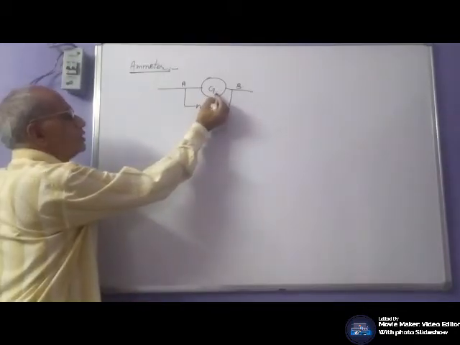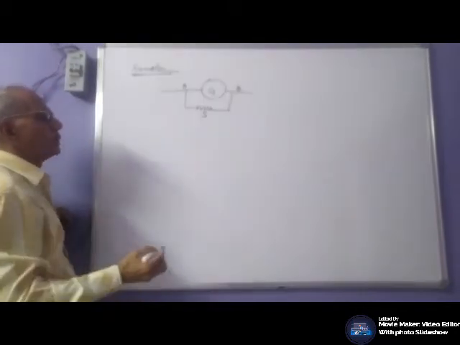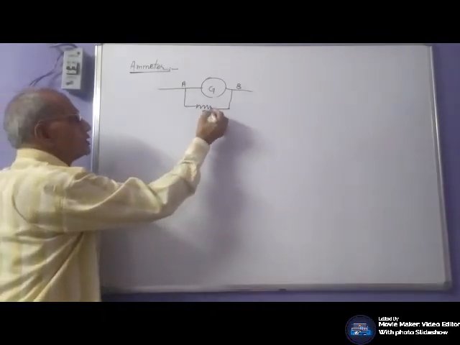This is galvanometer G. This is a low resistance in series.